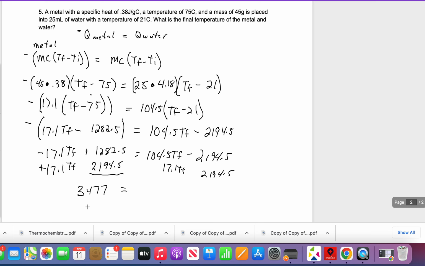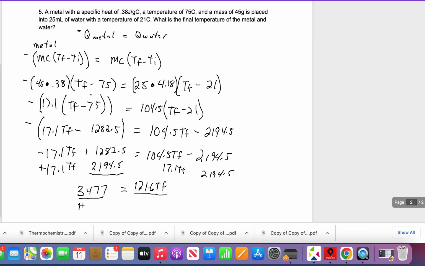That's going to equal my TF's, 104.5 plus 17.1, that's going to equal 121.6 TF.